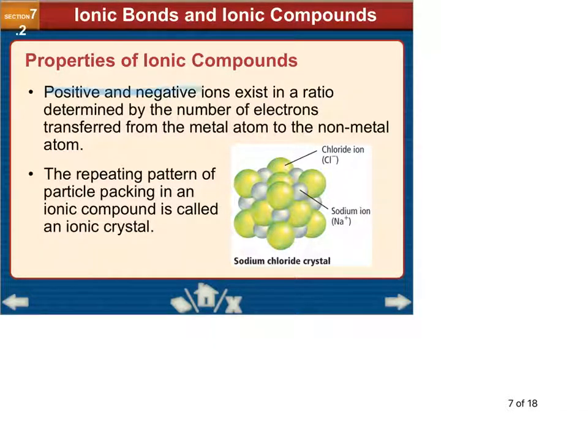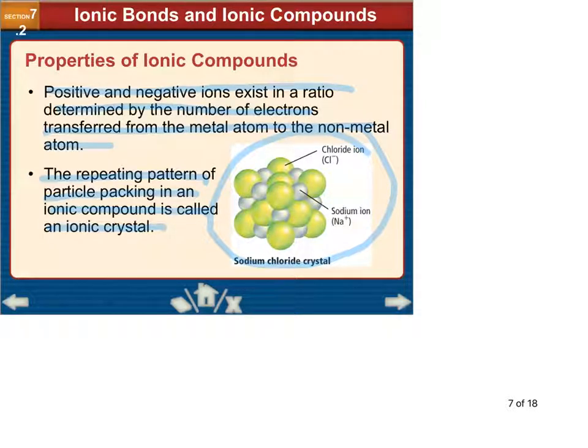That the positive and negative ions exist in ratios determined by the number of electrons that are transferred from the metal atom to the nonmetal. And then this repeating pattern we call an ionic crystal. So illustrated here, you've got a whole bunch of chloride ions, a whole bunch of sodium ions. They just kind of stack on top of each other in a certain fashion.